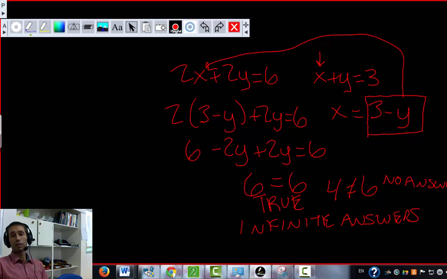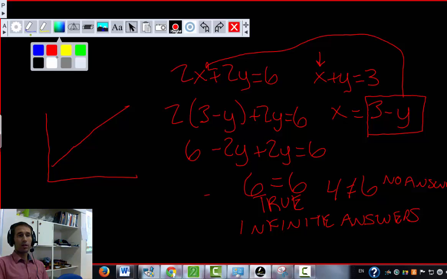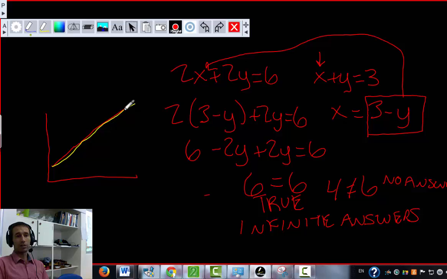If we graph these, I'll show you what those two look like. Infinite answers: we have our xy plane. It would be a line, and this is the first equation. The second equation is going to be right on top of that, so it has infinite places where it intersects.